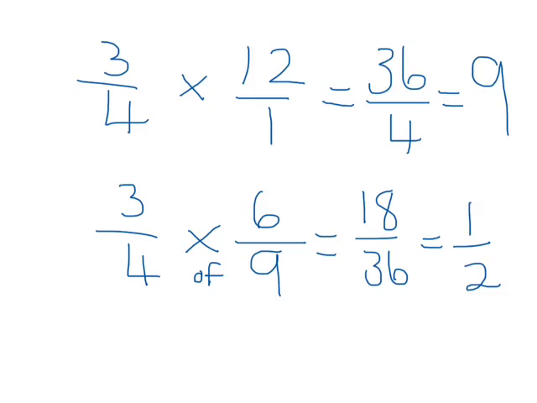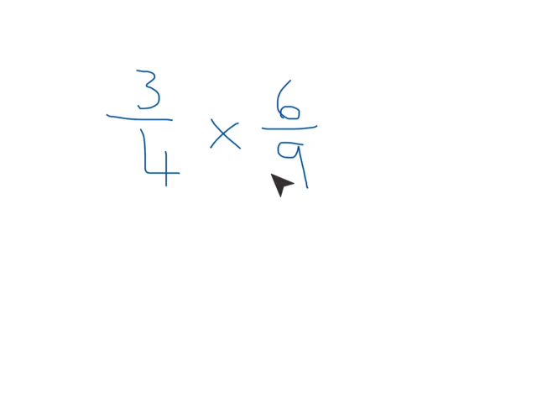Now the last stage I want to talk about is cross-cancelling. Let's do 3/4 times 6/9 again. Instead, you can of course, as I've said, multiply numerator by the numerator, denominator by the denominator, and then simplify your answer.